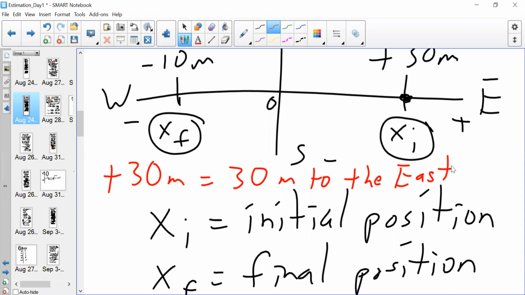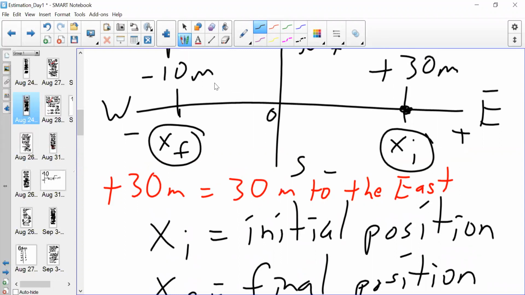But if my starting point was 2, now my starting position relative to that would be 28. So it's all about where you start with regards to your chosen origin. All right, and likewise, negative 10 meters would be 10 meters west.